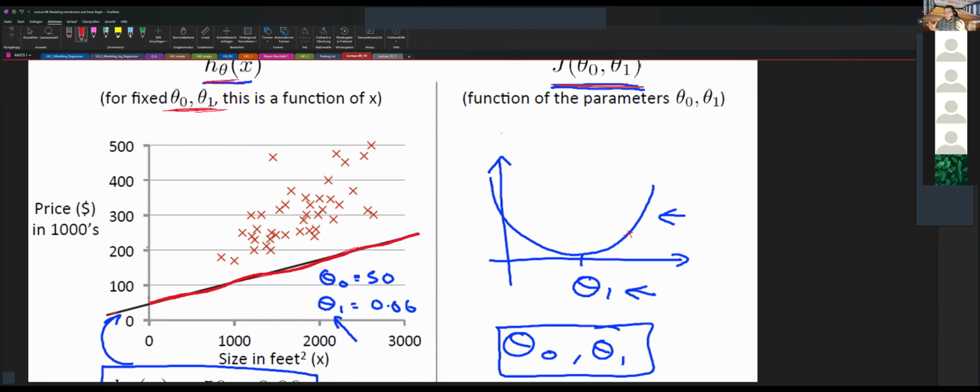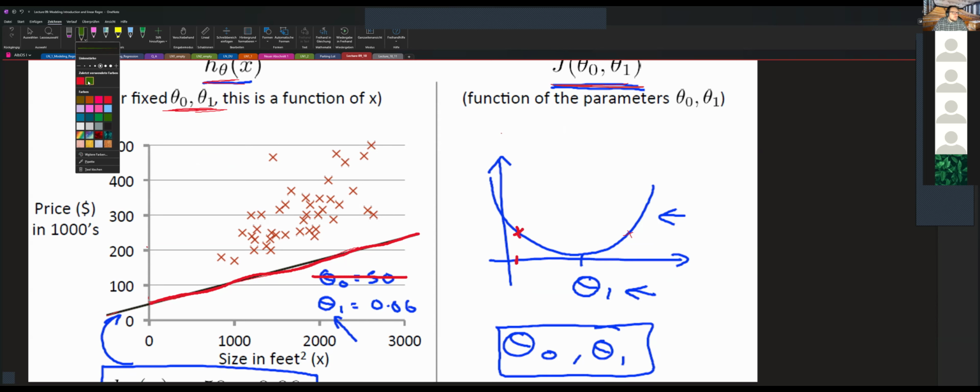For now, so we can do it in two-dimensional space, we're gonna ignore theta 0. We're just gonna change theta 1. And for this red line here, we have theta 1 equals 0.06. So it's somewhat here, right? This red X is that model. So we have a fixed theta 1, and this is that model.